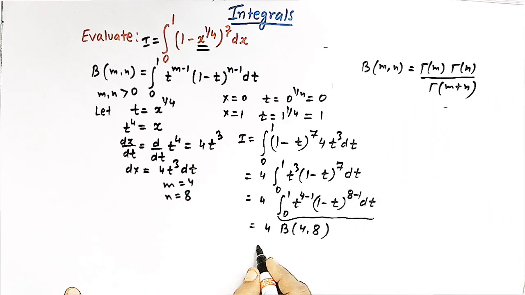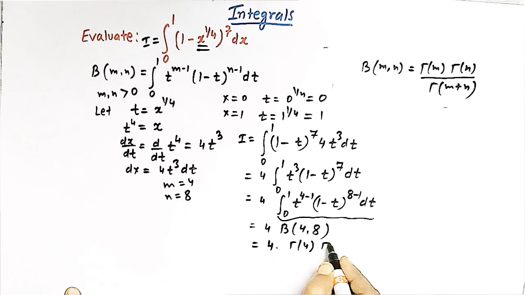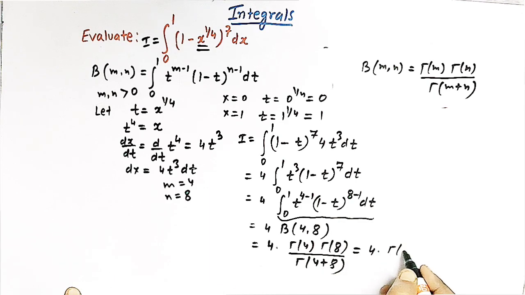So here we can now write 4 times gamma 4, then we have gamma 8, divided by gamma of 4 plus 8. So we can now write 4 times gamma 4, gamma 8, divided by gamma of 12. So now we have to find out the values of gamma 4, gamma 8, and gamma 12.